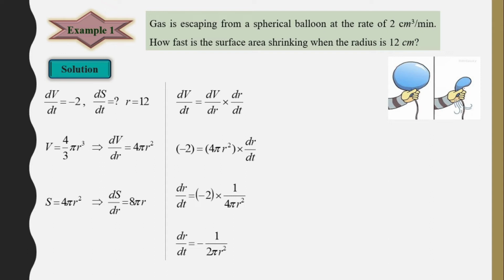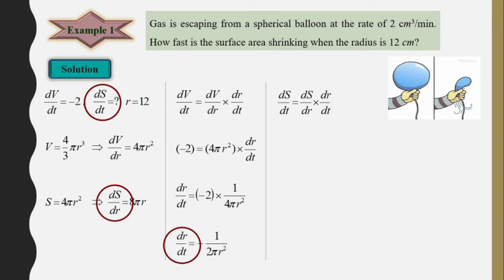Next, we develop the relationship between the rate that we want to find and the rate that we have by using the chain rule. So, this relationship can be written as dS/dt equal to dS/dr times dr/dt.